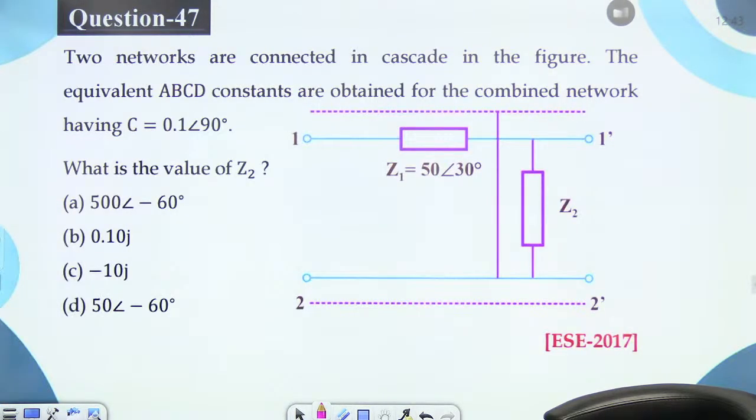Next, the two networks are connected in cascade shown in the figure. Equivalent ABCD constant are having C equal to 0.1 angle 90.